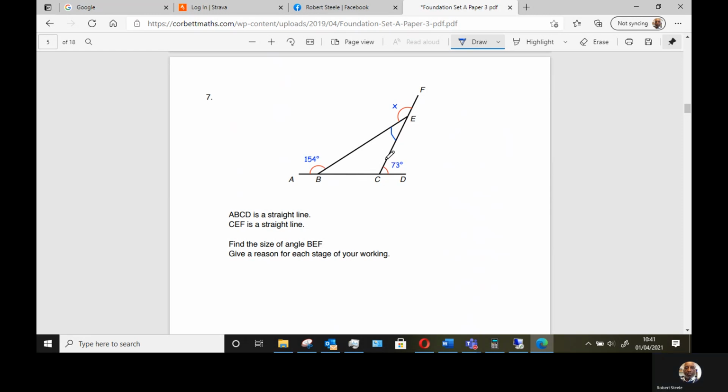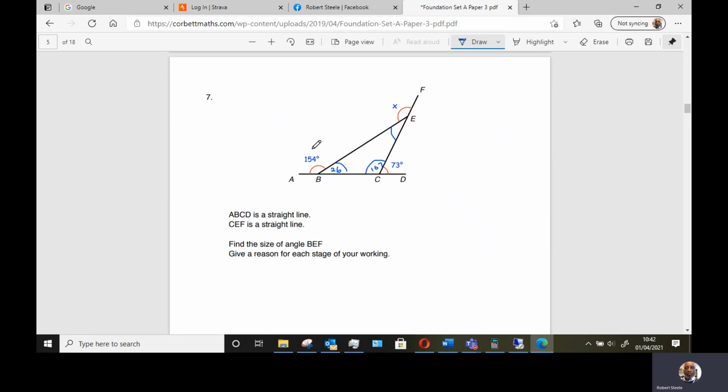So with what we know about angles on a straight line adding up to 180, see, these two angles both meet at C. So there's 107, because they add up to 180. And there is 26, because these two add up to 180.